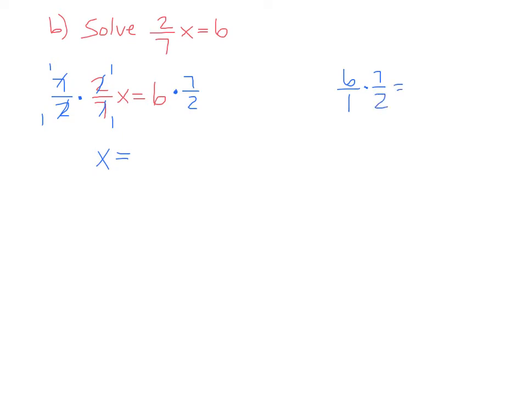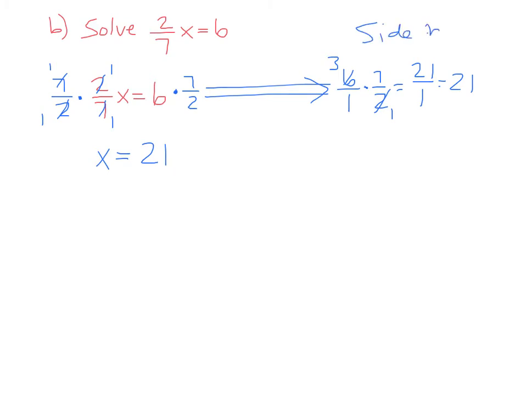I can do a little bit of cross factoring. 2 goes into 2 one time. 2 goes into 6 3 times. So now I'm left with 21 over 1, which equals 21. So now my answer is x equals 21 because I just took this and I solved it over here with my side math. So my answer is x equals 21.